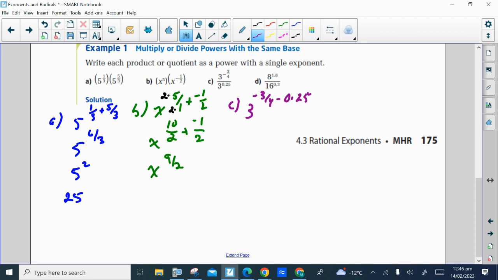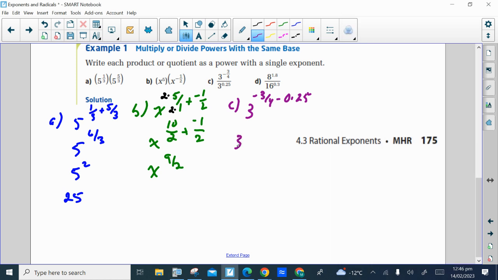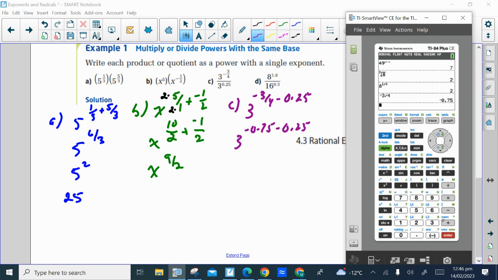What is negative 3/4 as a decimal? Well, that will be negative 3 over 4, which is negative 0.75. Because it is a terminating decimal, we can use that. We can say this is 3 to the negative 0.75, take away 0.25. And if you do that on your calculator, you're going to get minus 1.